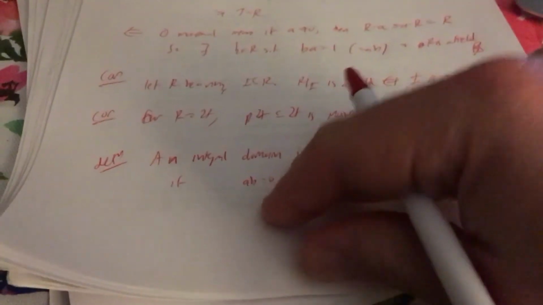A commutative ring R, such that if AB is 0, then either A is 0 or B is 0. So in other words, you have some kind of cancellation property. If a product is 0, then one of the elements must be 0.